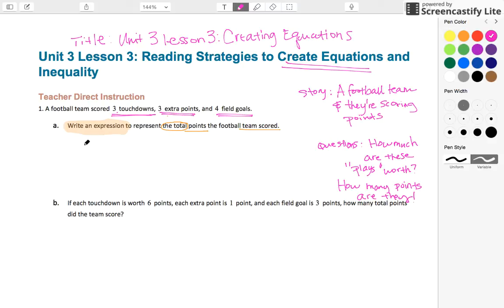So right here, what we can say is that each of these are different, so we can represent T as touchdowns, and then we can say P as extra points, and then we can call this G as field goals.